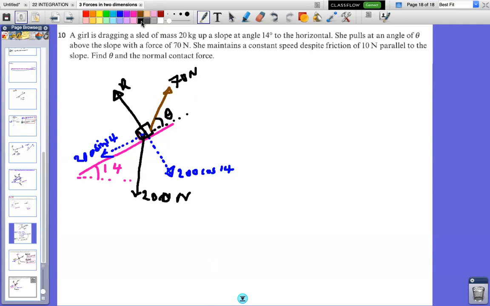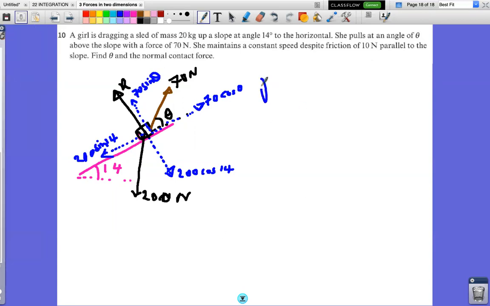And we can now resolve this 70 newton force parallel to the slope. You will have 70 cos theta. We resolve perpendicular to the slope, we'll have 70 sine theta.